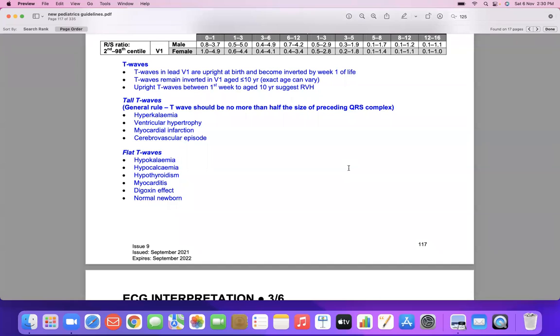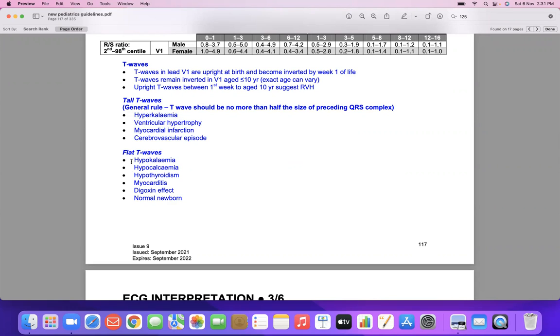Some important things we should know are the tall T waves. Tall T waves you see in hyperkalemia and also ventricular hypertrophy. Remember hyperkalemia and ventricular hypertrophy. For myocardial infarction, we will remember ST elevation.